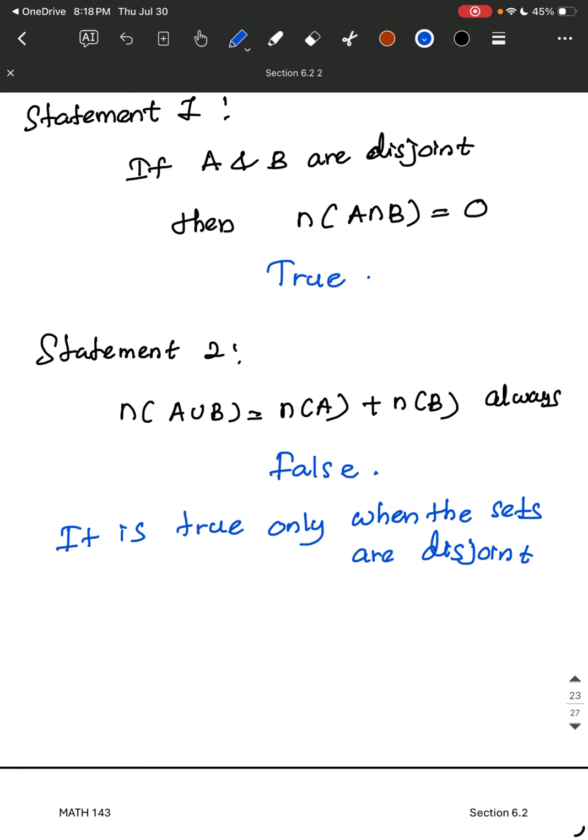For disjoint sets, the intersection is empty, so the set sizes can simply be added. For 3 sets, we use the principle of inclusion-exclusion: add the individual sets, subtract the pairwise intersections, and add back the triple intersection. We also learned that the number of elements in a complement is found by subtracting the size of the set from the size of the universal set.